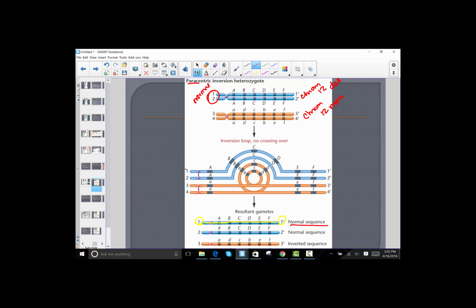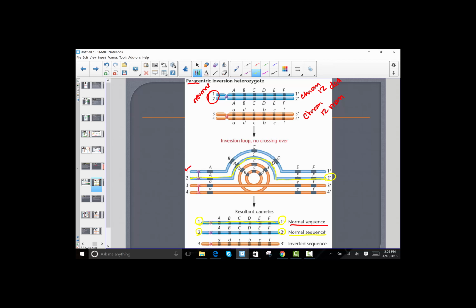So we've already done this one. Now we're going to look at what happens with 2. We start with 2. We have A, B, C, D, E, and F going out to 2 prime. Well, we then again produced a normal sequence. So our 2 to 2 prime is also going to be a normal sequence. Okay? So we didn't do anything here but just match up.